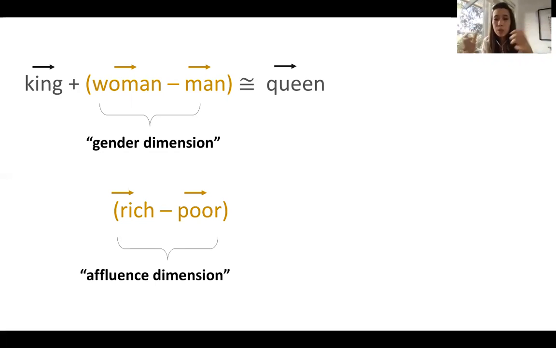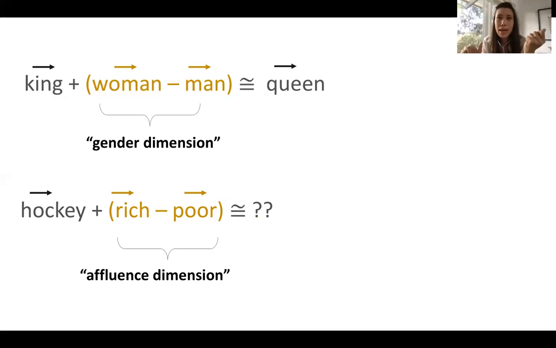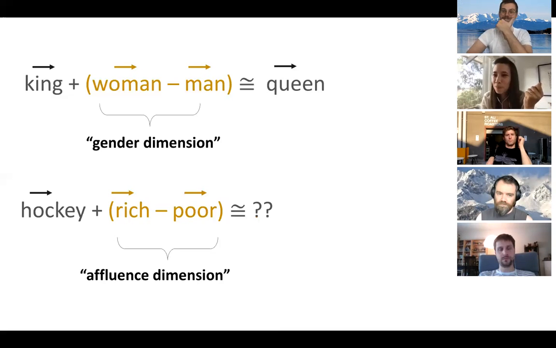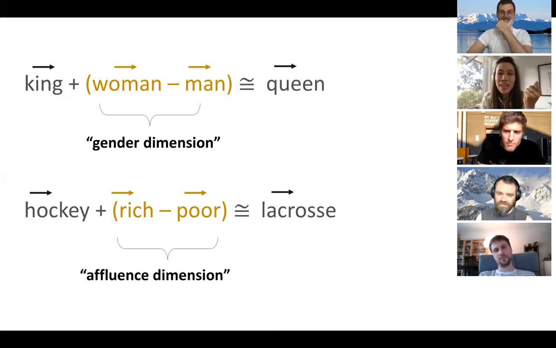So for example, to construct an affluence dimension, you could take the vector for the word rich, subtract the vector for the word associated with poor, and test this out by taking something like the vector for the word hockey and asking, what is hockey plus one step in the direction of greater affluence? Does anyone have any guesses? No? Is it golf? Not quite, but we'll get to golf.